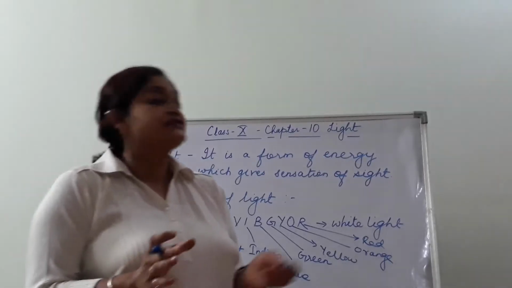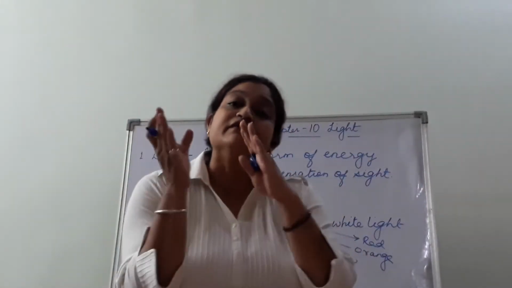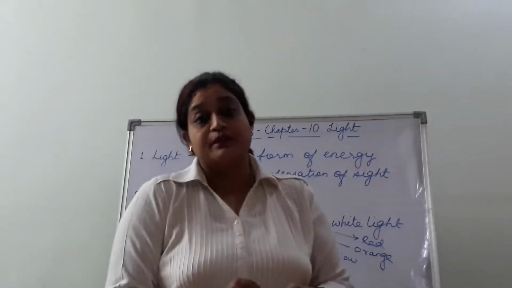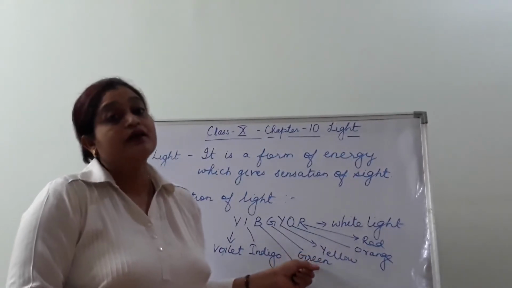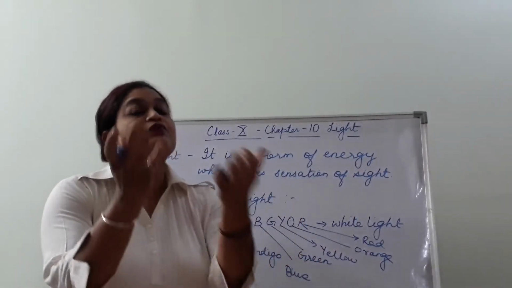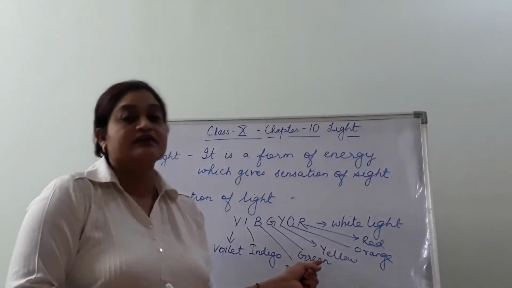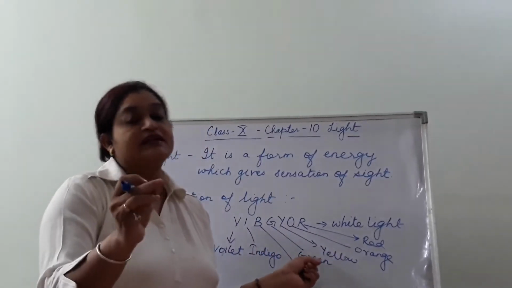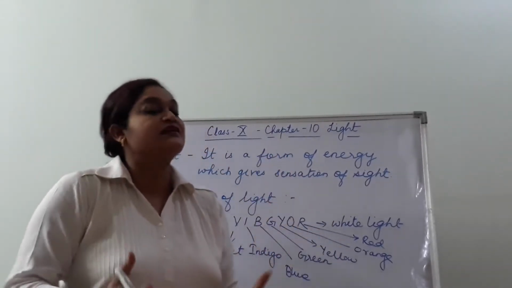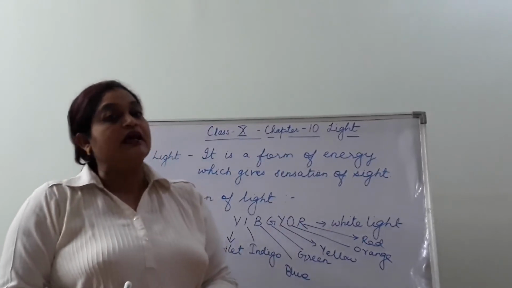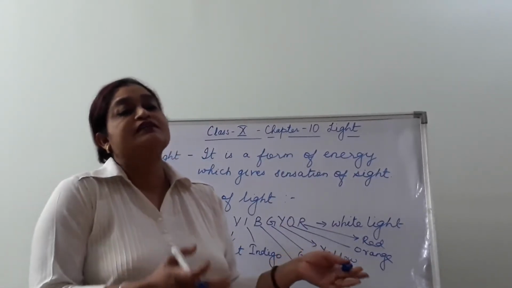When white light falls on a green object, the green object will absorb all the other light falling on it and it will reflect green color. This reflected green light reaches our eyes and we are able to see that object as green. Similar thing happens with any other color. Suppose an object is yellow in color.